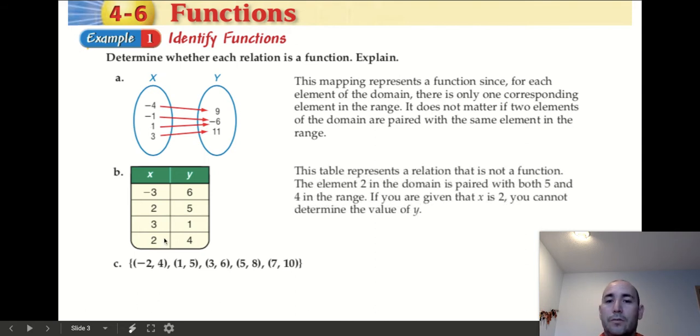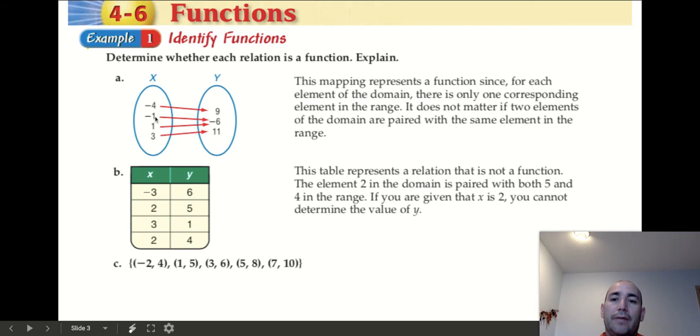So let's look at this one. This table represents something that is not a function, just like what I talked about before. If -3 is paired with 6, 2 is paired with 5, 3 is paired with 1, then 2 should again be paired with 5. It cannot be paired with a different number, 4. Notice how we have repeating x values with different y values. This is not okay. This is not a function.